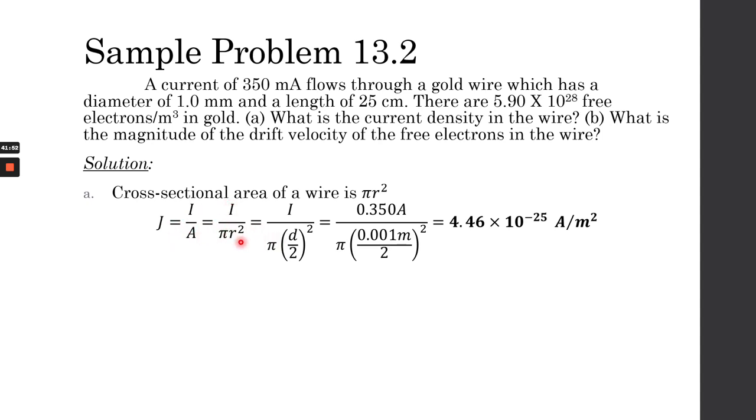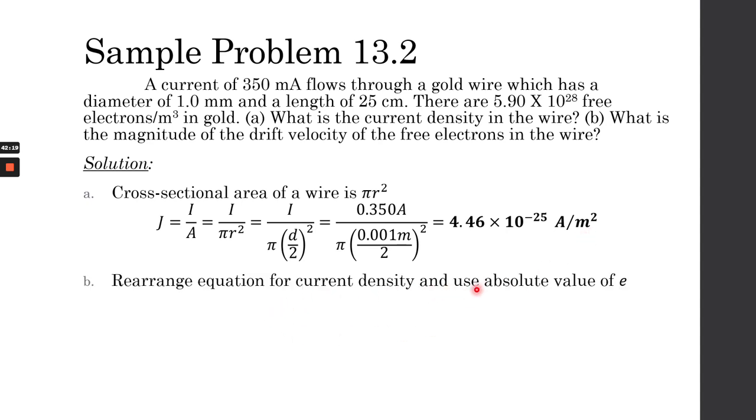We don't have a radius, but they gave us the diameter, and diameter over 2 is equal to radius. So I over pi, d over 2 squared, plugging in the numbers, we'll get our current density, which is 4.46 times 10 raised to negative 25 ampere per meter squared.